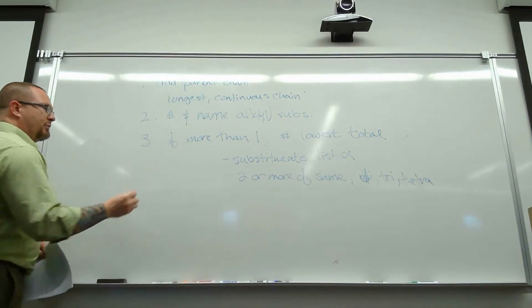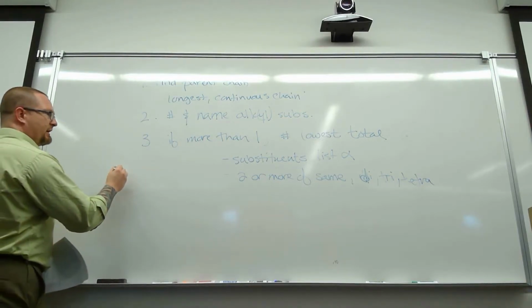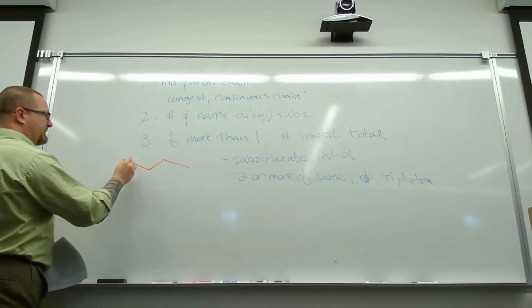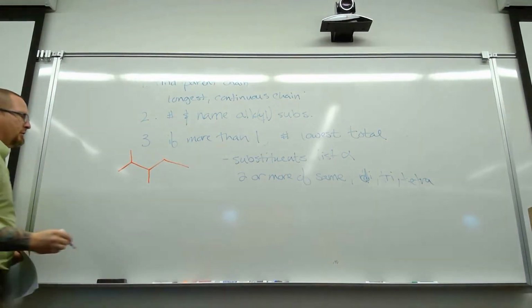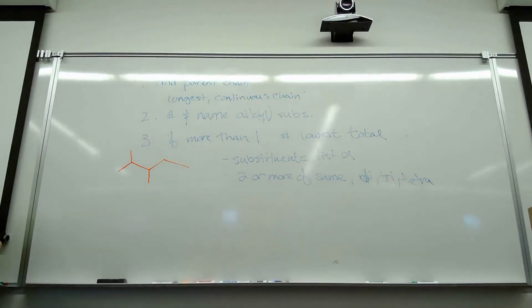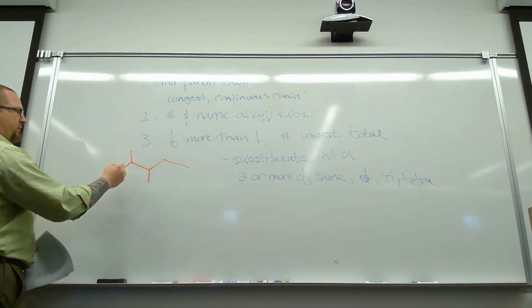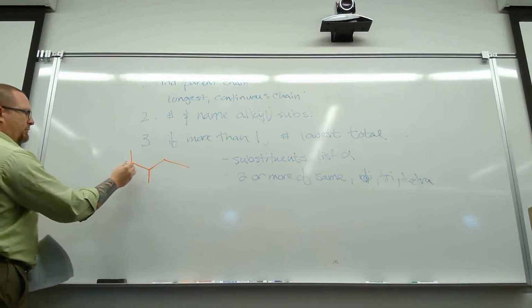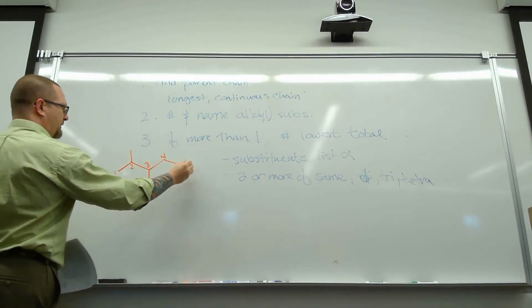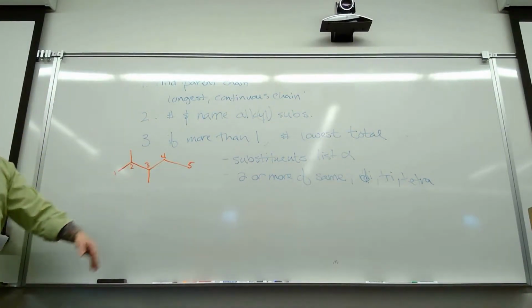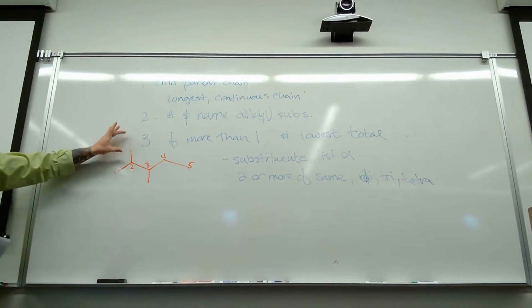So let's do an example of this. Let's say we've got 1, 2, 3, 4, 5, this compound, parent chain. These are symmetric here, so I'm just going to stick with 1, 2, 3, 4, 5. The reason I'm numbering from this end is because the first substituent is nearest this side.